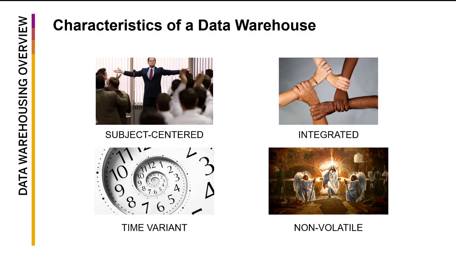These subjects can be sales, marketing, distributions, etc. A data warehouse never focuses on the ongoing operations. Instead, it puts emphasis on modeling and analysis of data for decision making. It also provides a simple and concise view around the specific subject by excluding data which are not helpful to support the decision process.